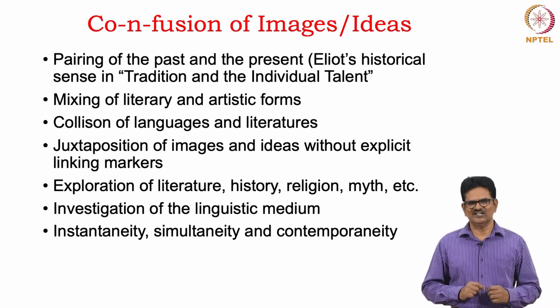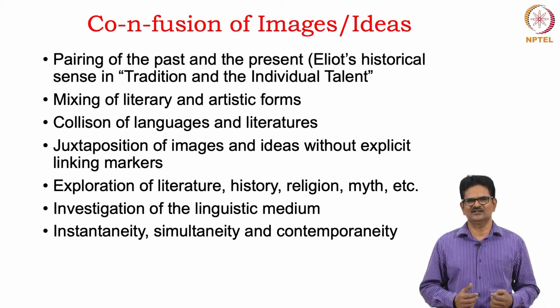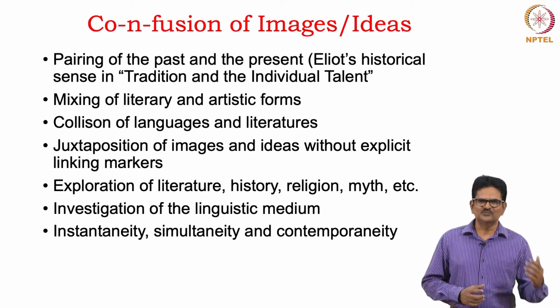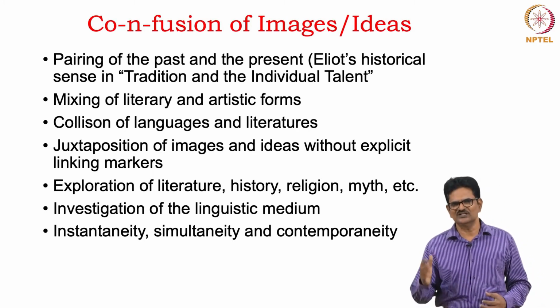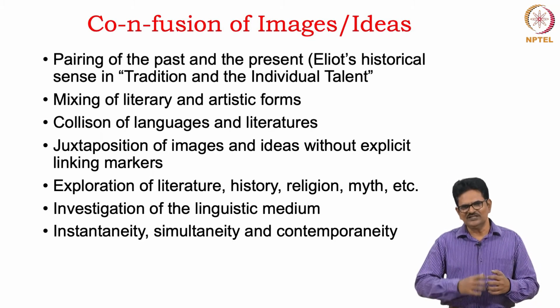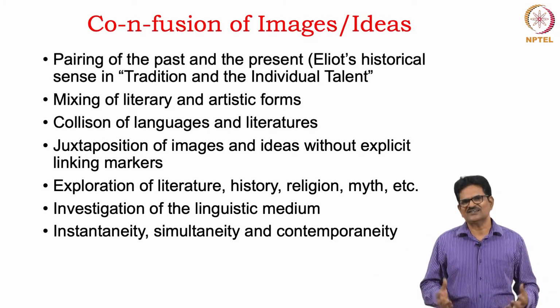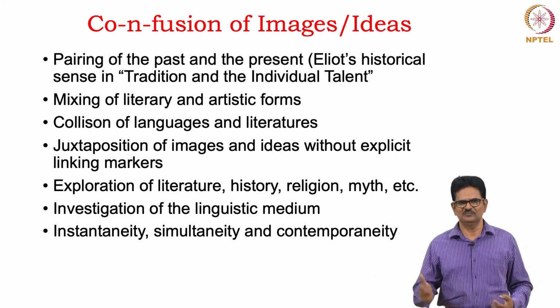We have this juxtaposition of images and ideas without explicit linking markers, leading to difficulties. Modernist poets explored literature, history, religion, myth. That means they were not just writing poems, they were writing poems in relation to many other cultural factors like history, religion, myth.